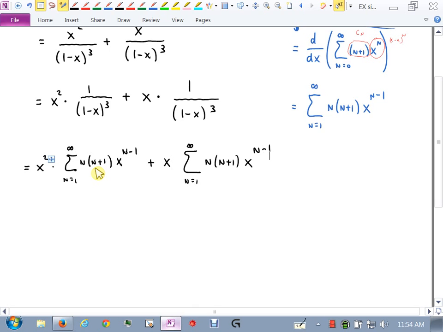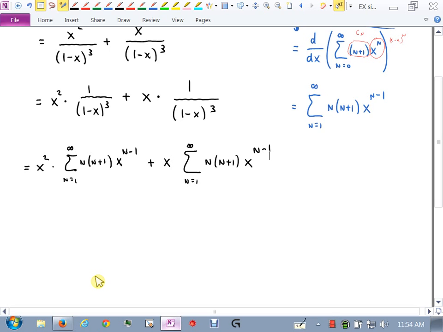If I multiply that by x squared, doesn't it just bring the power on each of those up by 2? That is the same as taking that x squared, putting it back into the series, and adding 2 to this exponent, right? Is that the same process? And then doing the x out here times this series has the effect of adding 1 to the power here. So that's what I'm going to do next.